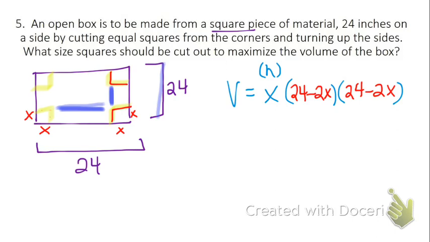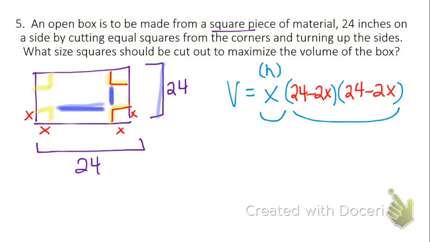Now, again, for the sake of time, so that I can show you this last problem and get it set up for you, I'm going to let you finish this. What I would suggest that you do first is multiply using FOIL. I would multiply these two pieces together, multiply it out completely, and then go back and multiply what you get by x.